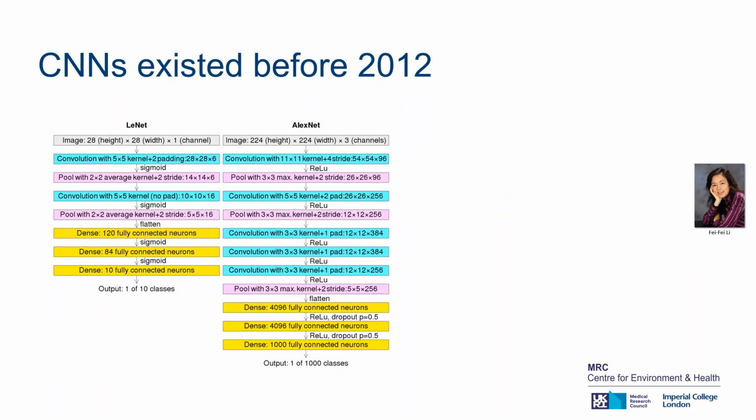CNNs have existed well before the past decade. We have an example of LeNet on the left-hand side and AlexNet, which was invented in 2012. There are differences in the neural network architecture, but those differences weren't the reason why CNNs revolutionized machine learning as we know it.